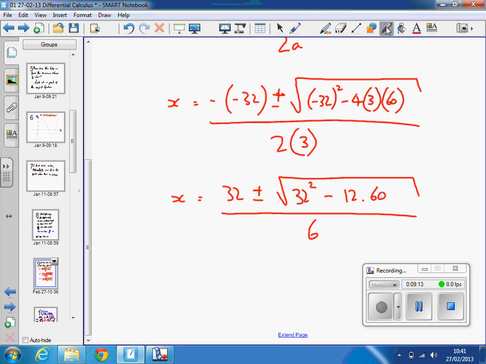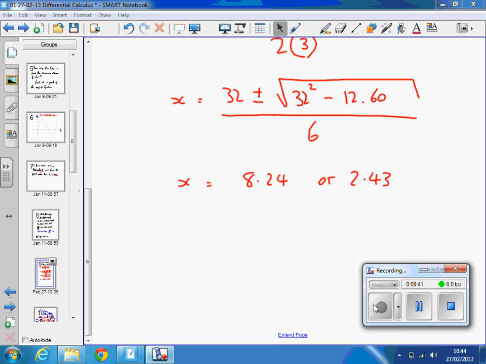First time I put it in, this becomes a positive sign. Then I hold this information in the calculator and scroll back and change the plus to a minus, and that gives me the other result. Use the fraction button on the calculator and put this on the top and that on the bottom. Just try it and see what you get on your calculator.